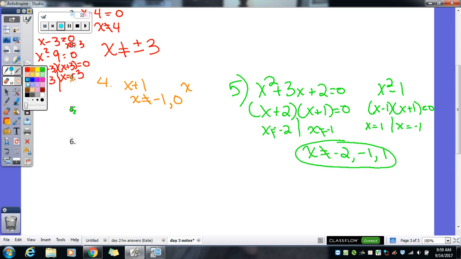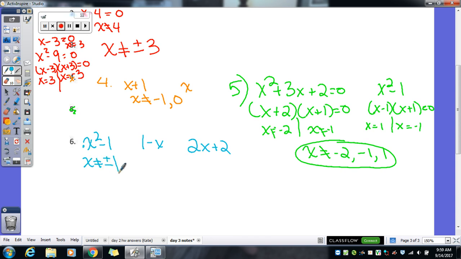And then for number 6, our fractions were x squared minus 1 again. We had a 1 minus x and a 2x plus 2. We've done this one a lot. What ends up being our restrictions on x squared minus 1? 1 and negative 1. X cannot be positive or negative 1.